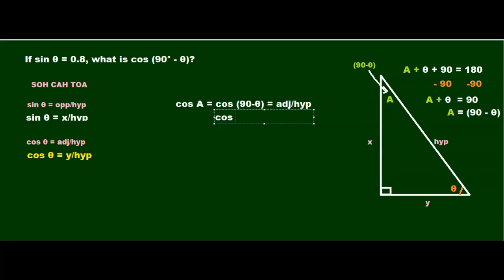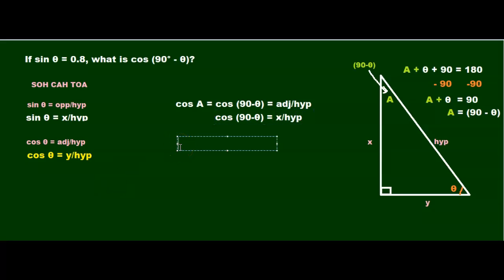But what is our cosine 90 minus theta? So we're looking at this angle. Remember, the side that's adjacent to this angle is this side, which is x. So it is x over hypotenuse.